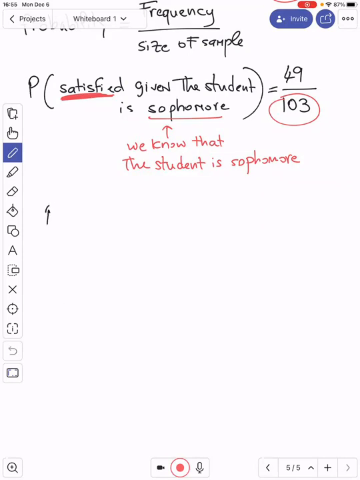So then you have a probability that the student selected at random is actually junior or neutral. Okay.